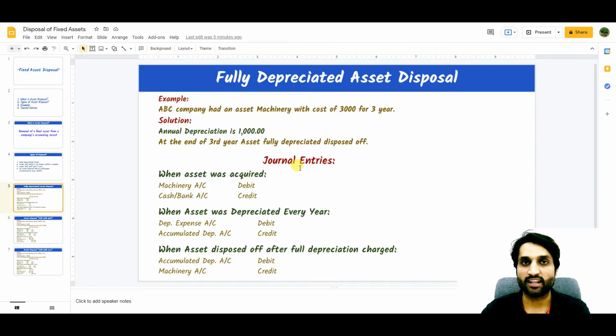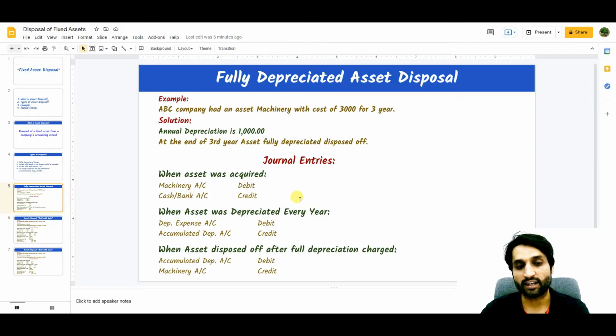Now the journal entries. When the asset was acquired, we buy that asset and pass the journal entry: machinery account debit and cash or bank credit with the full value of 3,000. After that, when the asset was depreciated every year, we booked 1,000 of depreciation expense against this asset.